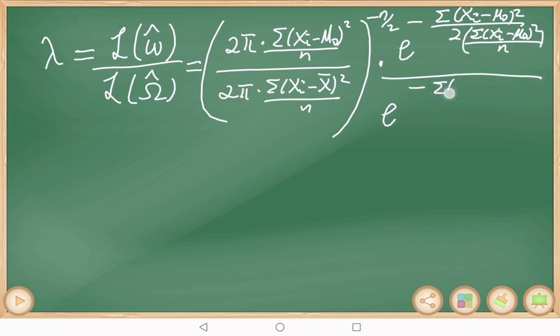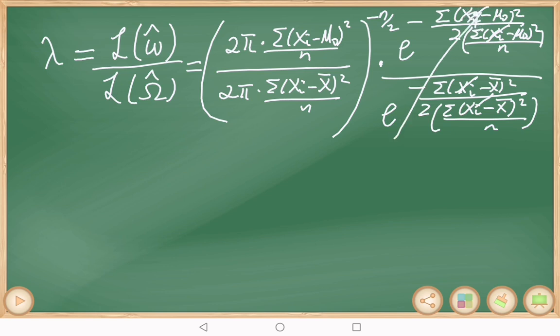And similarly, we have this result for the denominator. Very easily we see that we can cancel off the common terms, so this entire exponential term becomes 1, and we can also cancel the 2 pi's and the n, and this leaves us with the following result.